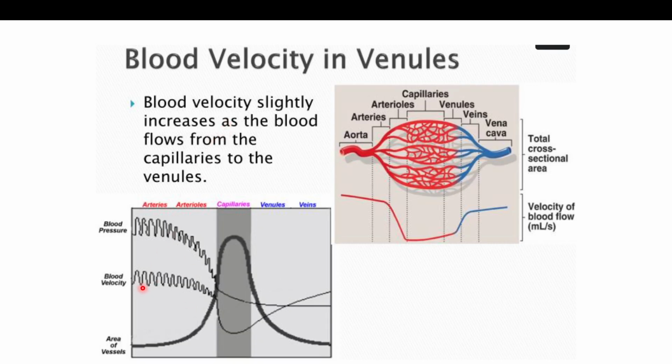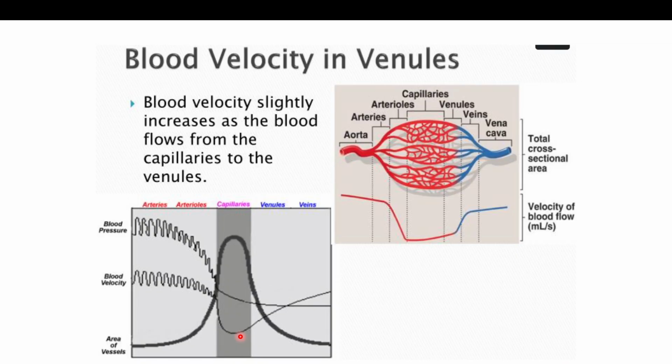So this is what has been shown here: as the blood passes from the arteries to arterioles, there is a slight decrease in the velocity of the blood. However, when it enters the capillaries, which are really thin, the speed of blood flow decreases, because these are so thin that the single RBCs have to line up in a single line, passing through one by one.